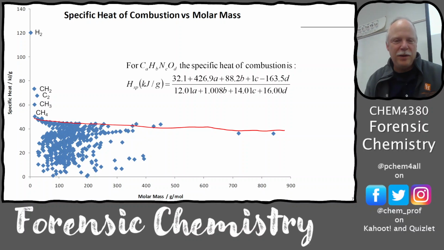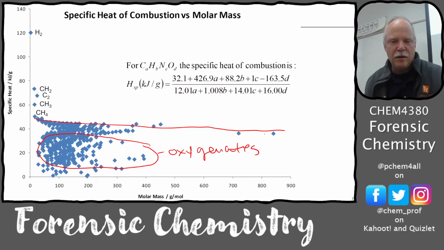Now, what about all of these compounds down here at the bottom? Those are oxygenates. These are acids, alcohols, and so on. And this right here should convince you that blending ethanol into our gas is a stupid idea, because we're putting in so many gallons, and yet we're getting less energy per molecule, and even in the QSPR, we're putting in here a negative for every oxygen in our molecular formula.